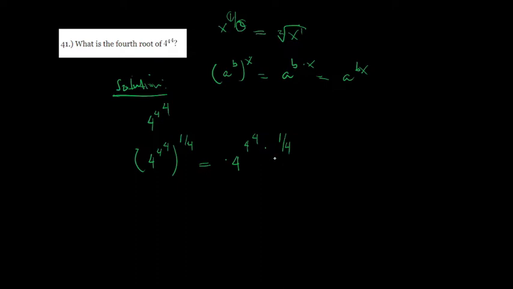Now we can solve the exponent part. 4 to the 4 times 1/4 is equal to 4 to the 4 times 4 to the negative 1, since we took the reciprocal. By the law of exponents, we simply add their exponents.